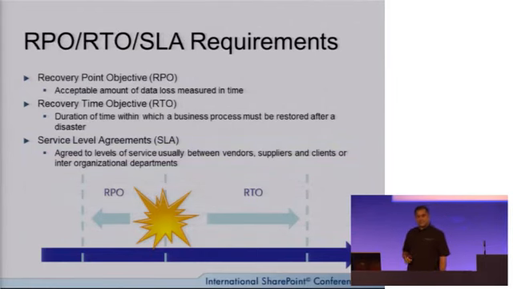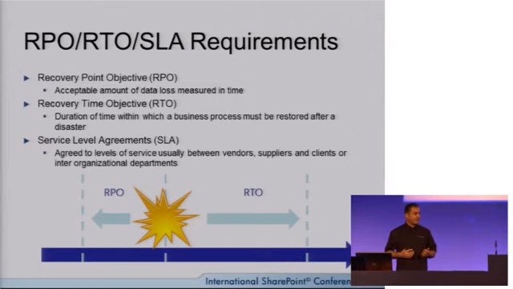So the other thing we need to talk about is, what actually really drives this? The key thing behind this is that we need to start talking about RPO, RTO, and SLA requirements. A lot of people talk about these, but what exactly are they? The first one is the recovery point objective, which is your RPO.